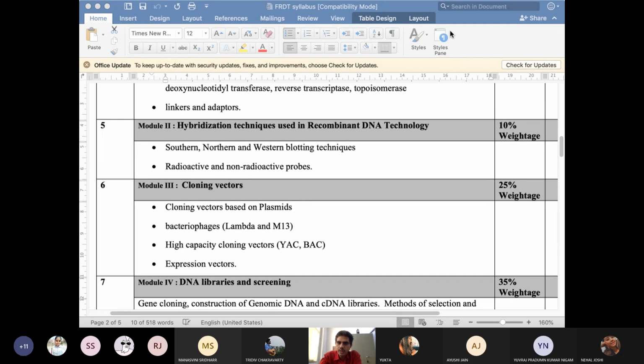So how you are blotting, how blotting is going to help you further, and how it is going to help you in detection. The main aim of blotting is detection. That's it. Even in diagnosis you can utilize blotting.